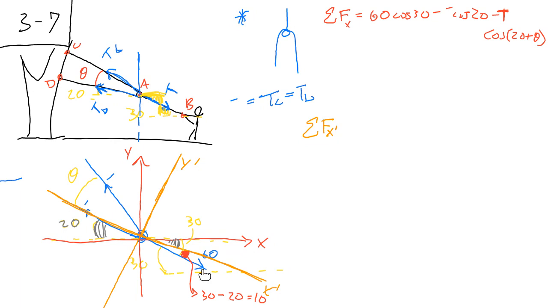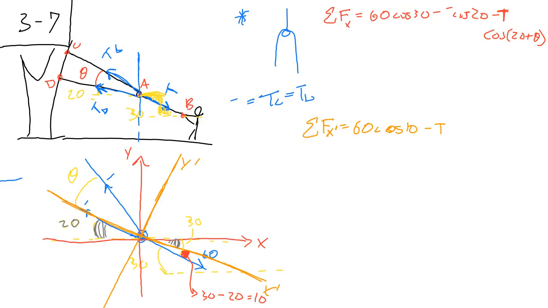So the x component of this 60-pound force is going to be cosine of 10. So onto x prime, 60 cosine 10. Okay, not bad.